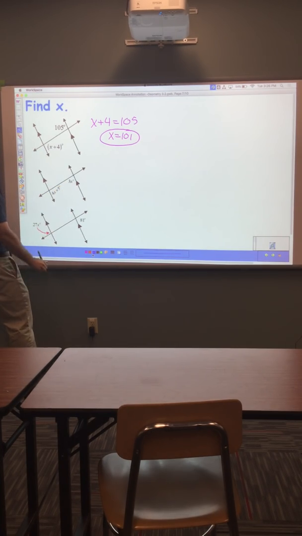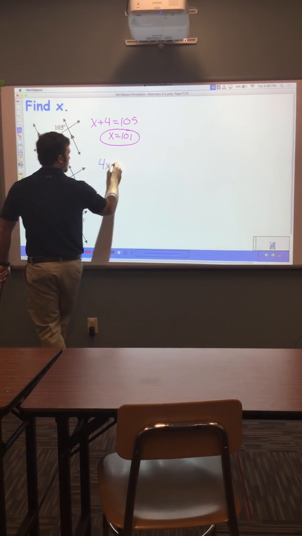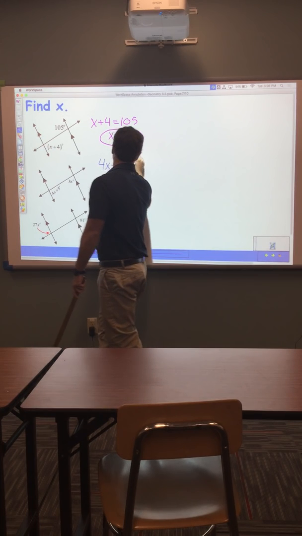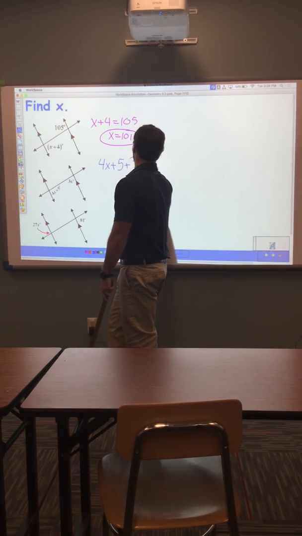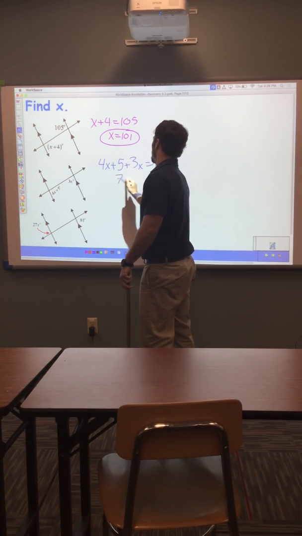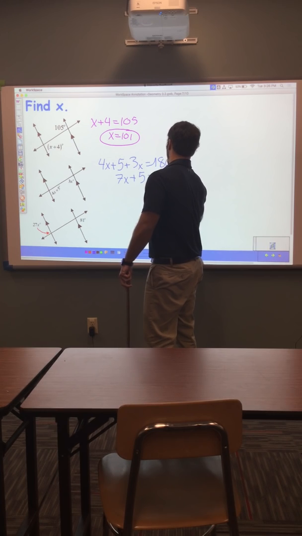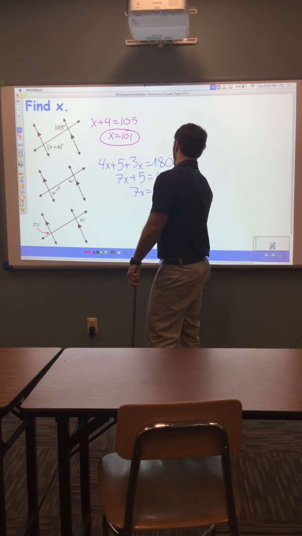Same side interior are not equal, they're supplementary. So 4x plus 5 plus 3x equals 180. So 7x plus 5 equals 180. Subtraction property of equality and division property of equality.